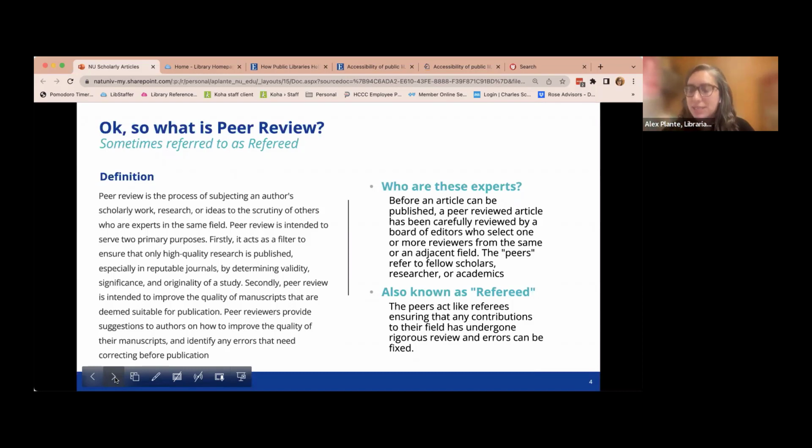Okay, so who are these experts? Before an article can be published, a peer-reviewed article is reviewed by a board of editors. So you submit to academic journal, letter X, and there's an editorial board, not unlike an editorial board that you'd find at a newspaper or a magazine. They look at all the submissions that come in, and they say, all right, this one's about psychology.